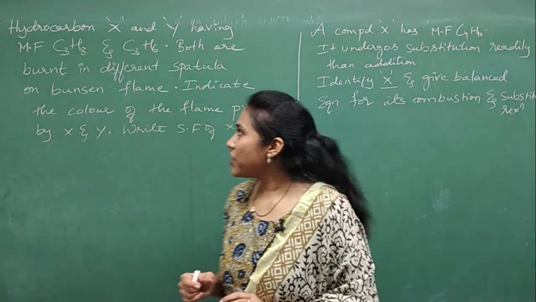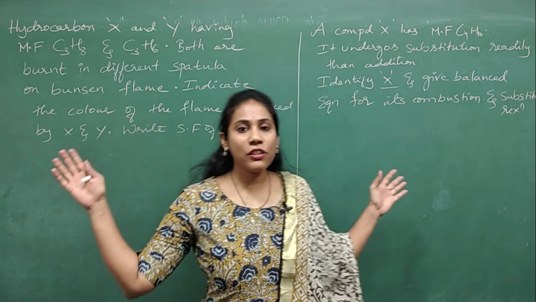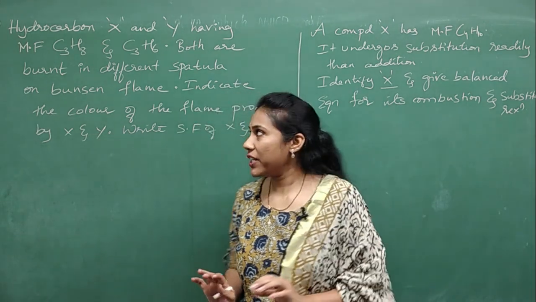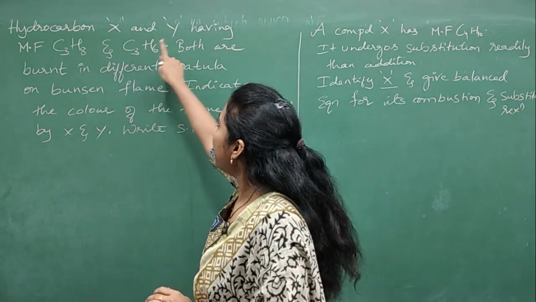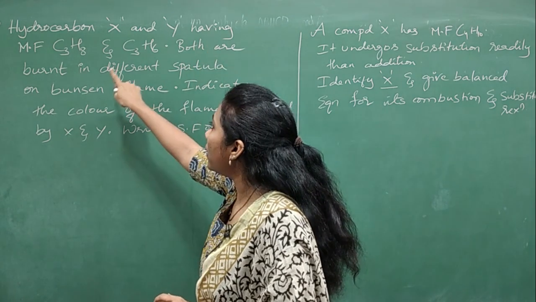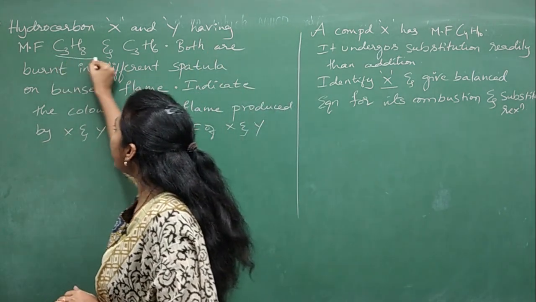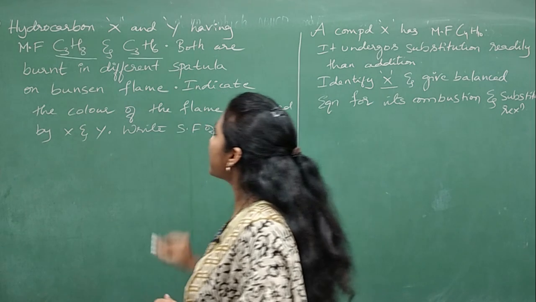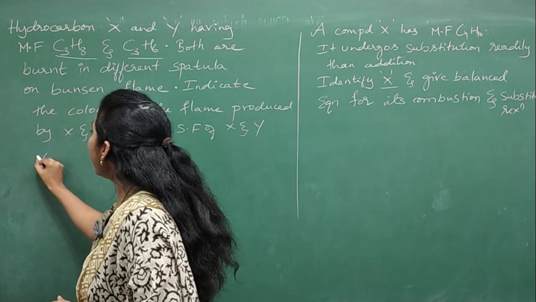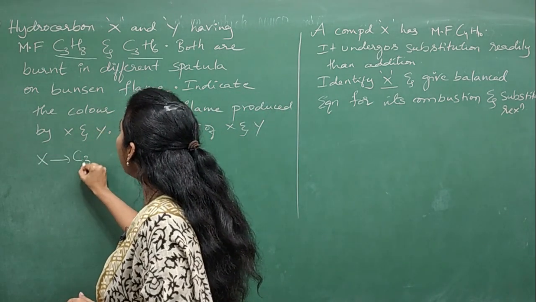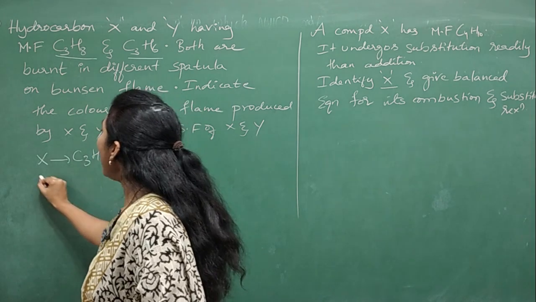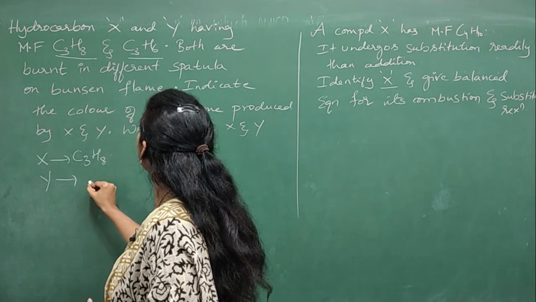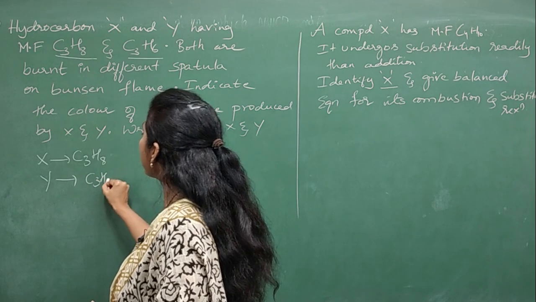Look at the next question, guys. Little application questions. Both of them are little twisted. Hydrocarbons X and Y having molecular formula C3H8 and C3H6. So our X is having a molecular formula C3H8. Our Y has a molecular formula C3H6.